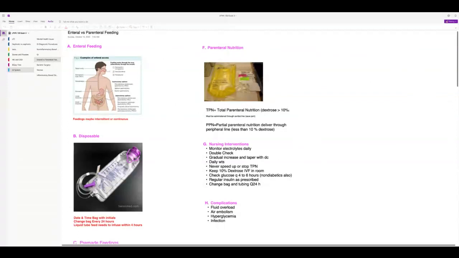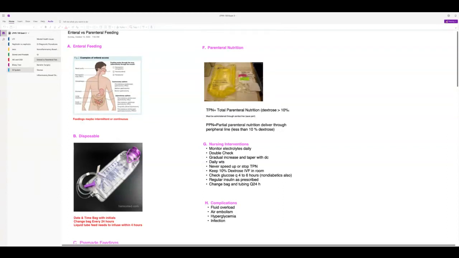If you run out of it, you're going to hang D10, and you should have that in the room, a bag of D10. You're going to check the glucose every 4 to 6 hours, even in non-diabetic patients, because they're going to have high sugars and they may need regular insulin until their pancreas can catch up and figure out how to make the insulin with all this dextrose.